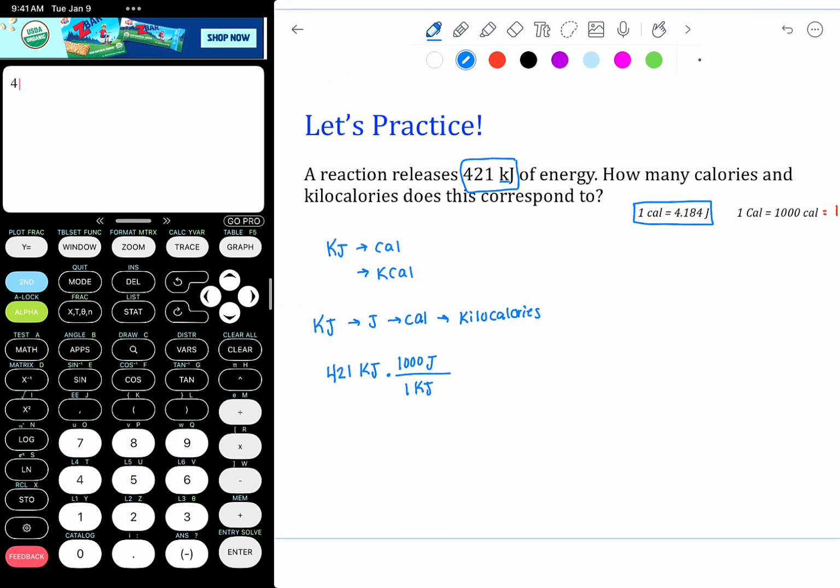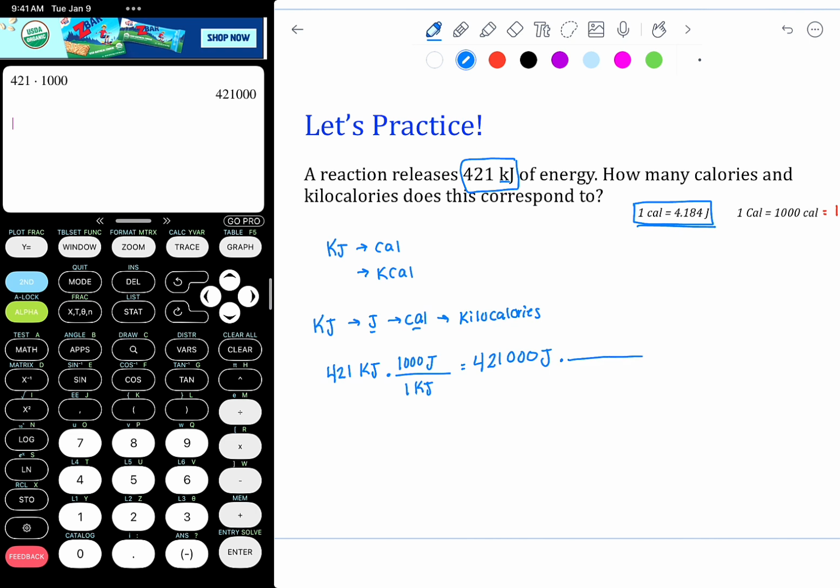Okay, so we're going to take 421 and multiply that by 1,000, and we're going to get out 421,000 joules.